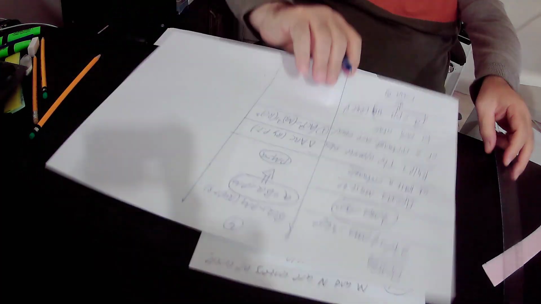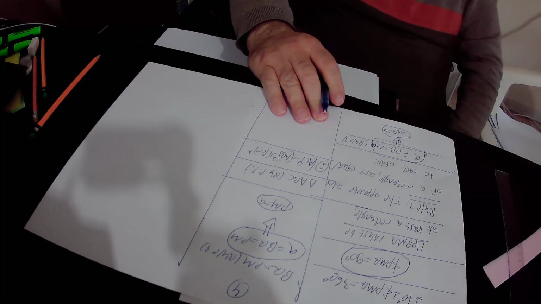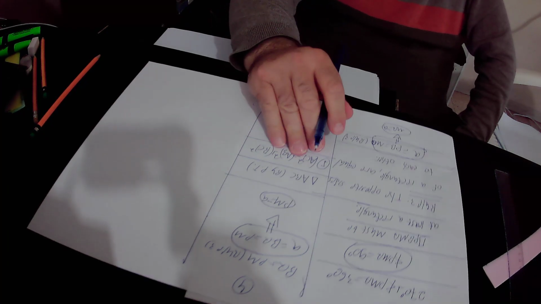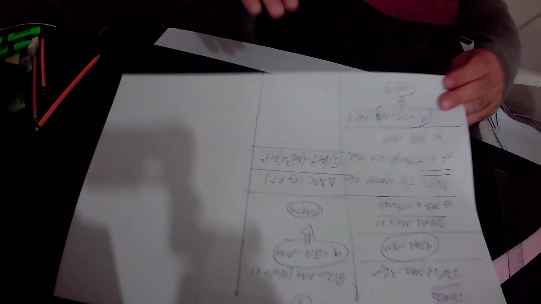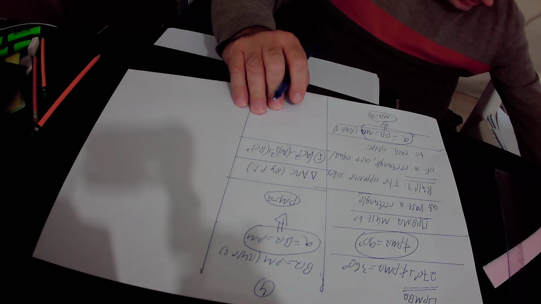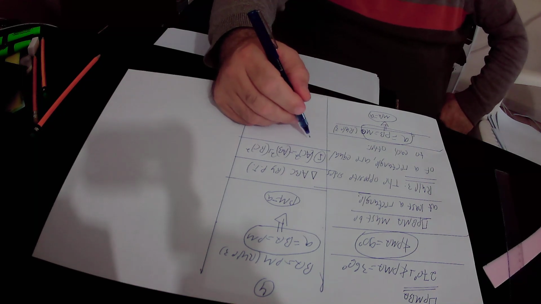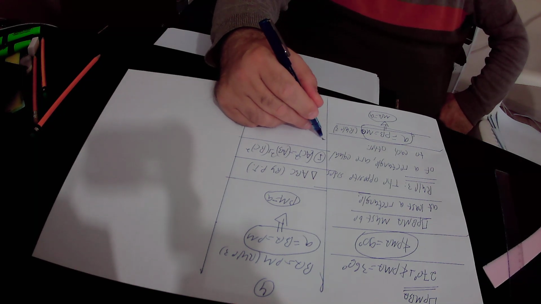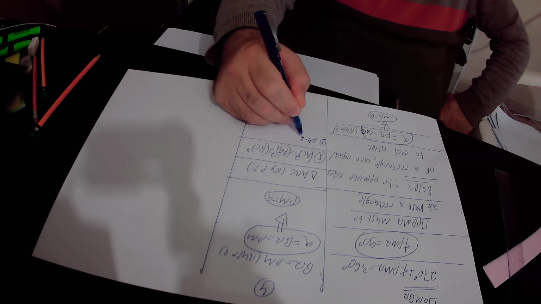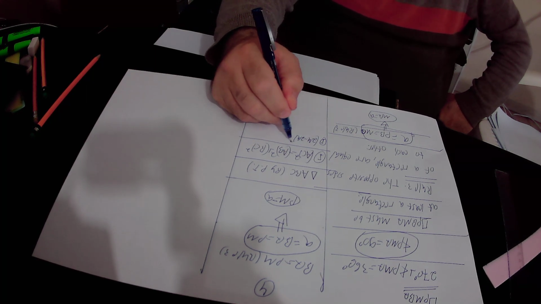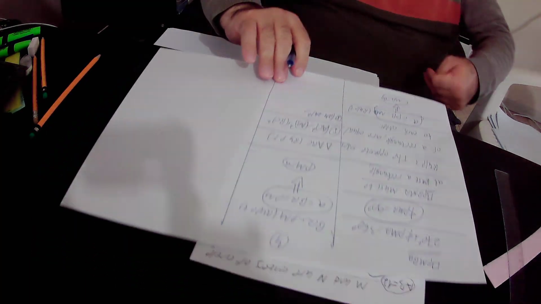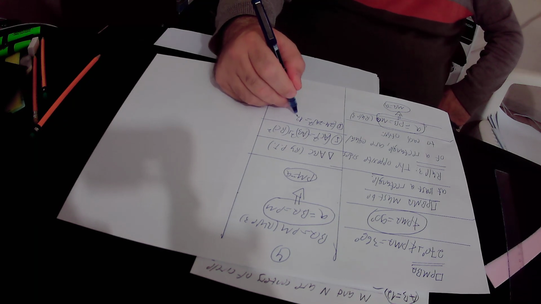So according to equation number 1, we have already found out that AC is equal to 24 minus 2A. Therefore, AC squared will be equal to (24 minus 2A) squared, and it must be equal to AB squared plus BC squared. AB is equal to 12, so AB squared is 12 squared.